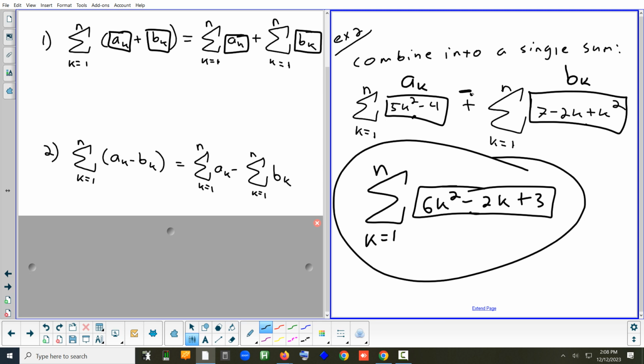So what property does that make you kind of think of? It's like distributive, right? If you're subtracting this formula, you're subtracting 7, you're subtracting negative 2k, and you're subtracting the k squared. You're subtracting the whole thing from the first formula.